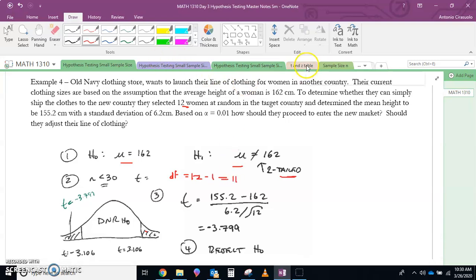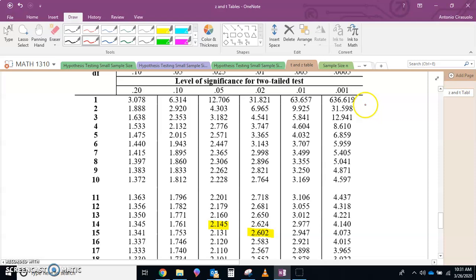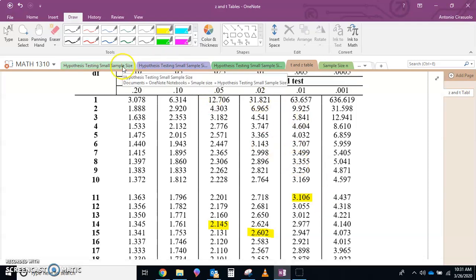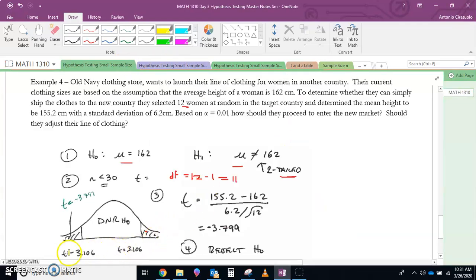Okay, so let's go to the table, and two-tail test, 0.01 for alpha, and degrees of freedom 11. So, degrees of freedom 11, two-tailed test, alpha 0.01, and you can see 3.106 is the value that's going to be used in our picture. And that's what we got here. Right, there it is, and there it is. One being positive, one being negative.